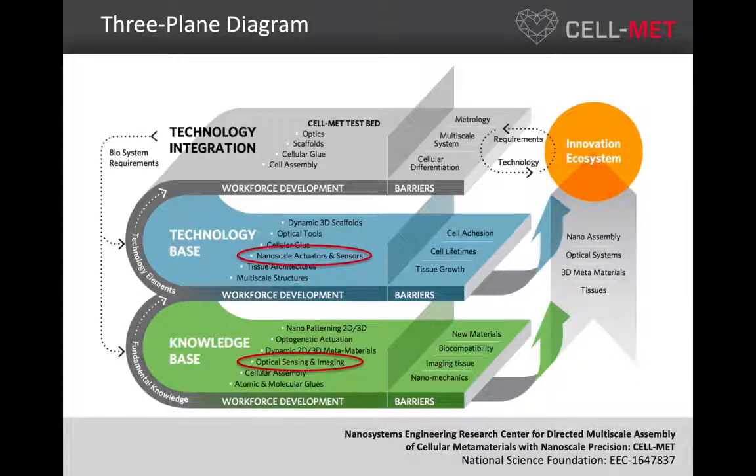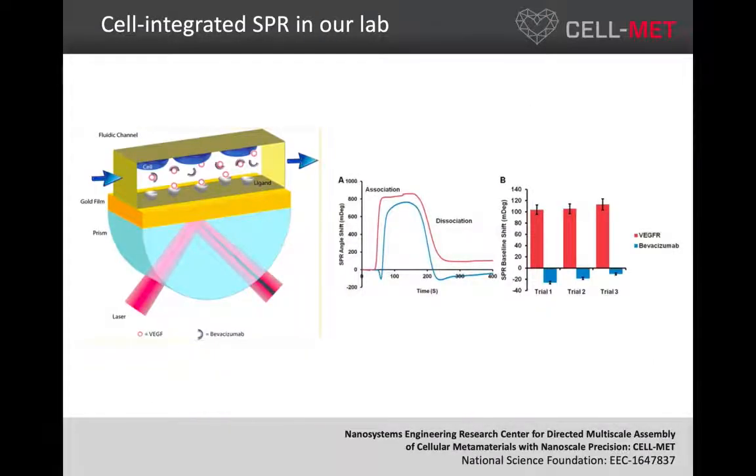So previous work that has been done with our lab is that we have proven for the first time, our lab was one of the leads on developing a cell-integrated platform on SPR, with culturing the cells on the microfluidic top gasket and modifying the sensor chip for the release from the cells.